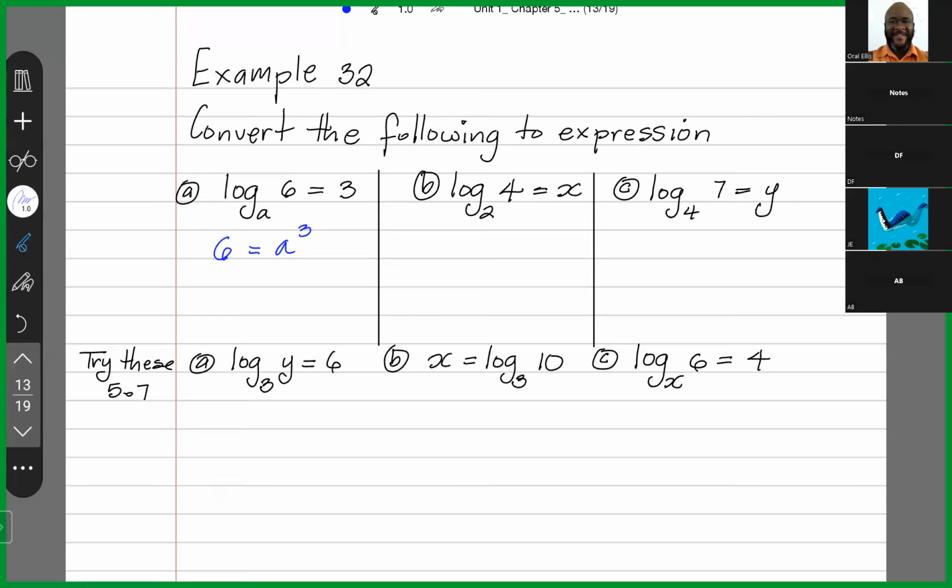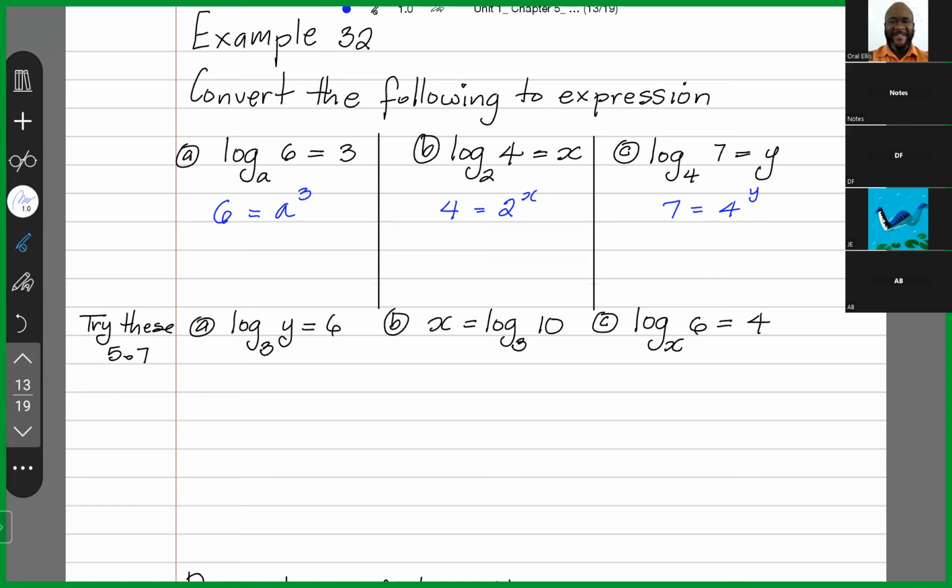At b, the number 4 is equal to the base 2 raised to the power x. At c, the number 7 is equal to the base 4 raised to the power y.